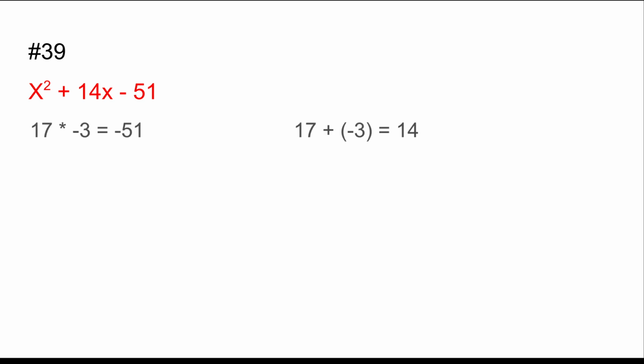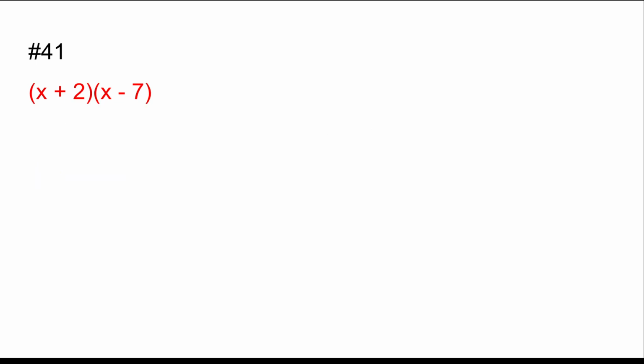If you do, you'll find 17 times negative 3 equals negative 51, and then 17 plus negative 3 equals 14. So our numbers are 17 and negative 3. So x minus 3 times x plus 17. Those are our factors.